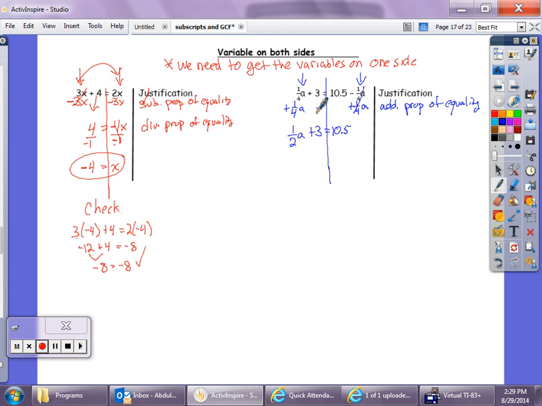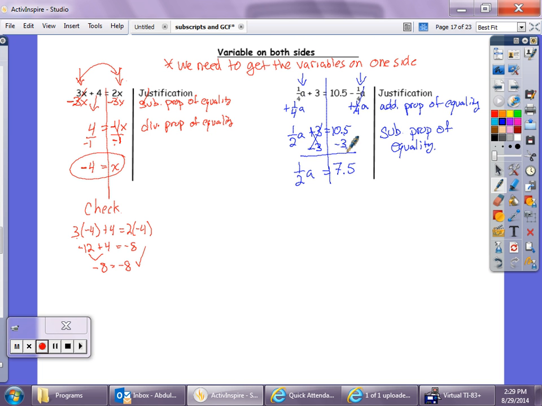And we should know how to solve these. Here's my a. Get rid of that 3, subtract 3. And since I did it to both sides, my justification is the subtraction property of equality. So 1/2 a equals 7.5, 10.5 minus 3.